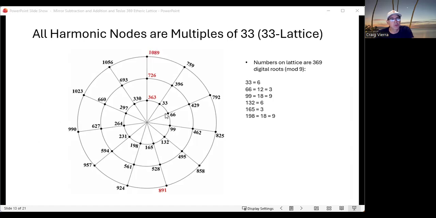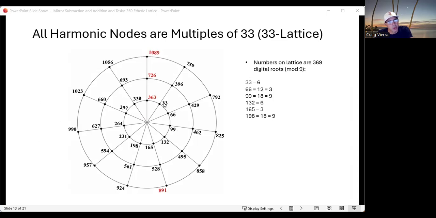What I'm doing here is connecting the etheric lattice, this 33 lattice, to the 1089 multiples. It's also interesting if you digital root these. If you take 33 to a single digit, it's 6, this is 12, or a 3, this is 18, or a 9.